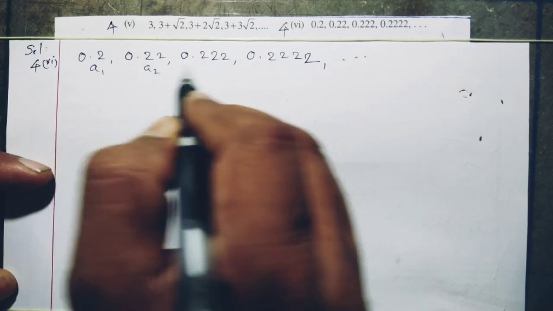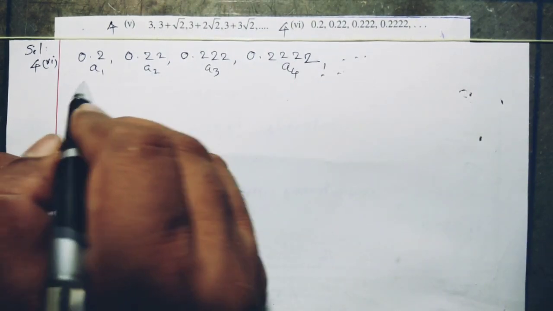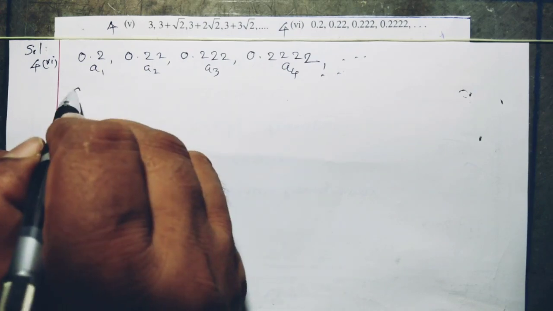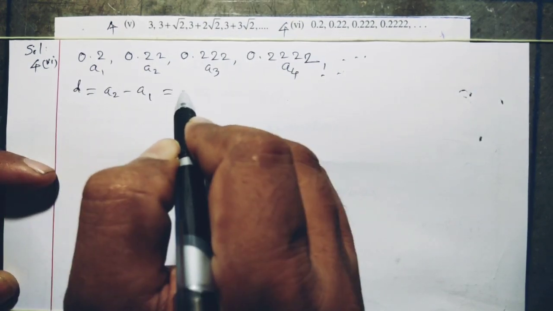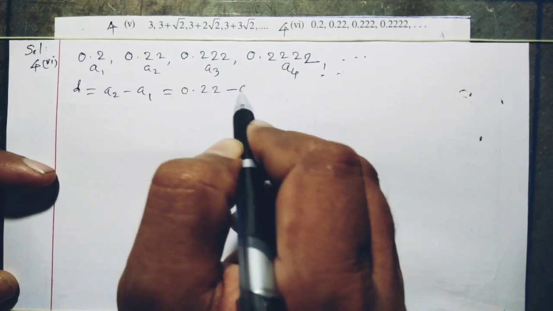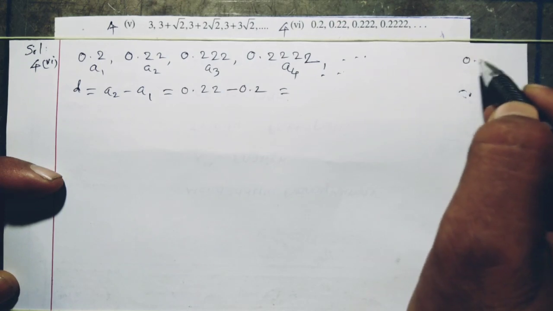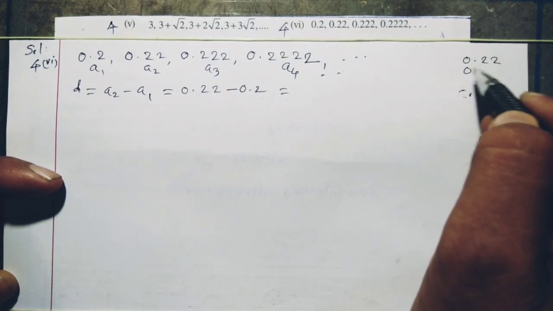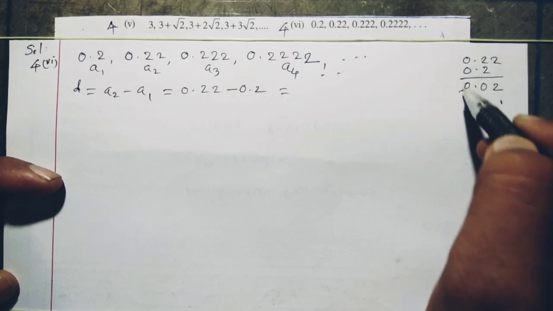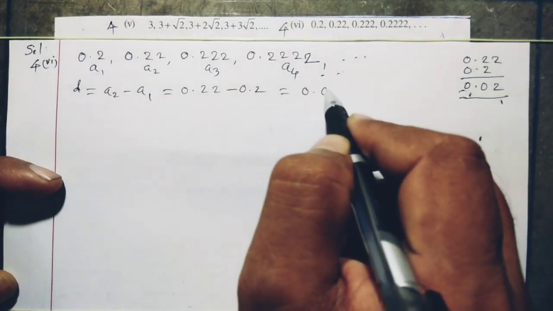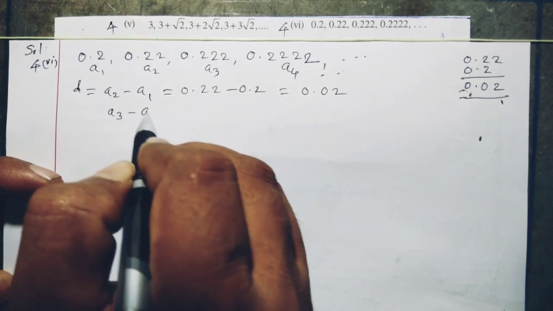First term, second, third, fourth term, and so on. Now we have to find the common difference. D is equal to A2 minus A1, 0.22 minus 0.2, so here 0.02.